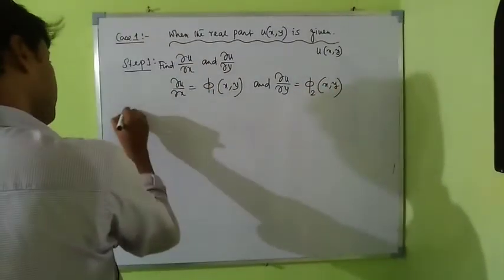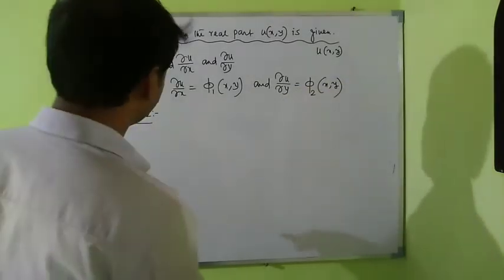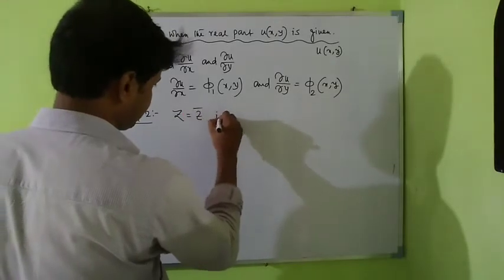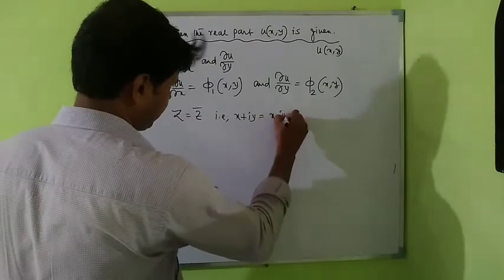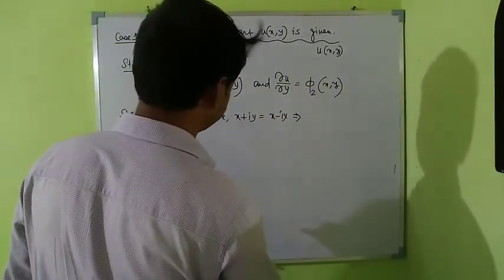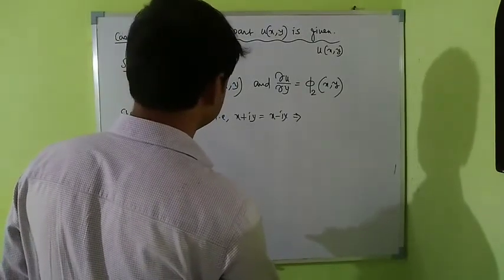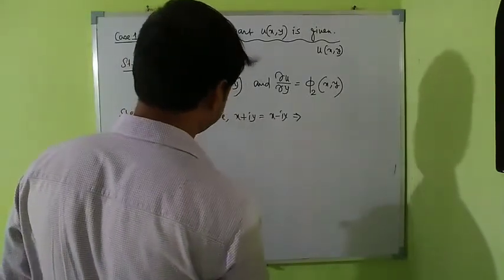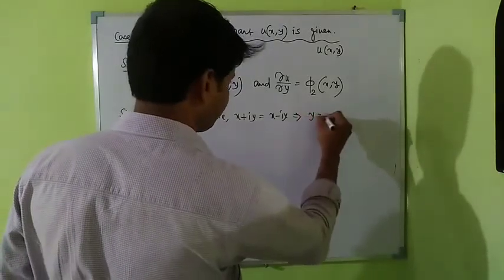Step 2, we assume z = z bar. That means x + iy = x minus iy, which implies y is 0.